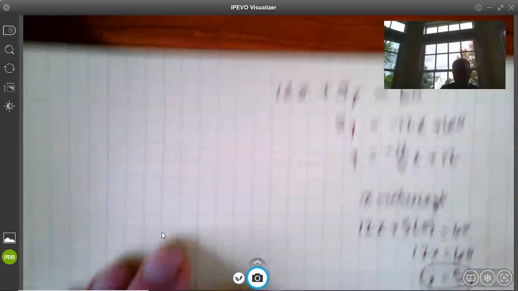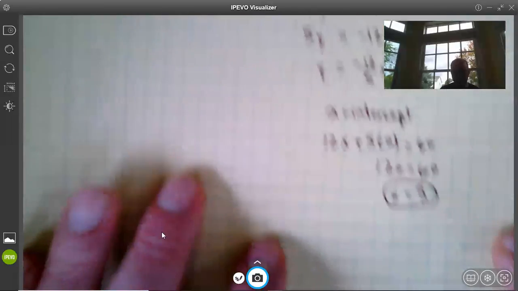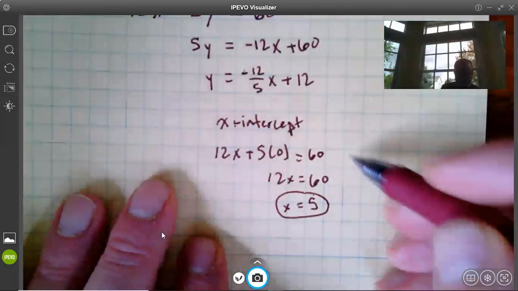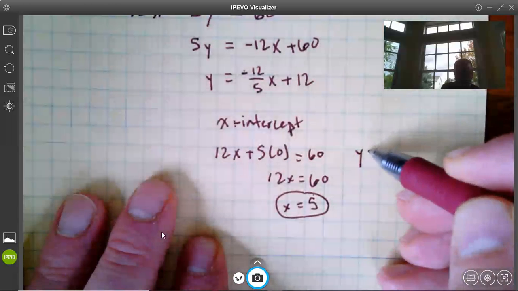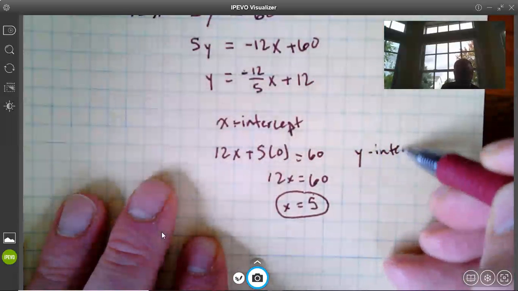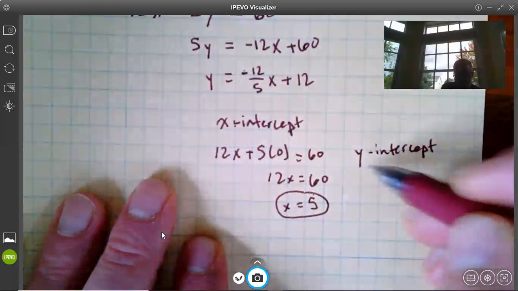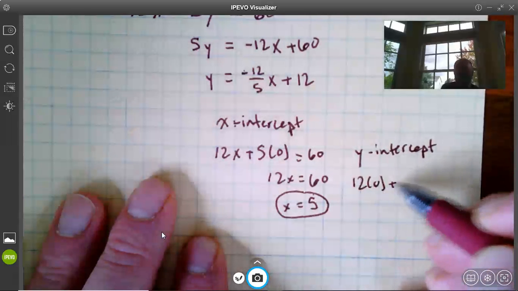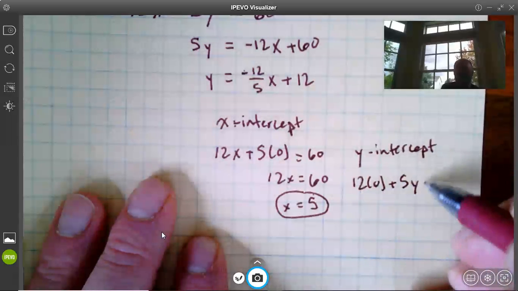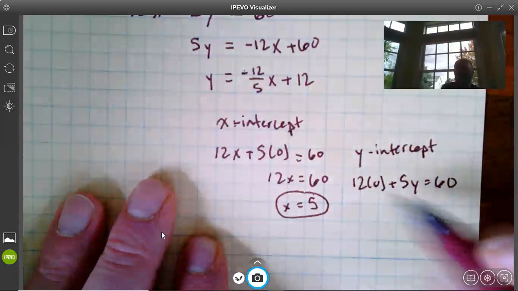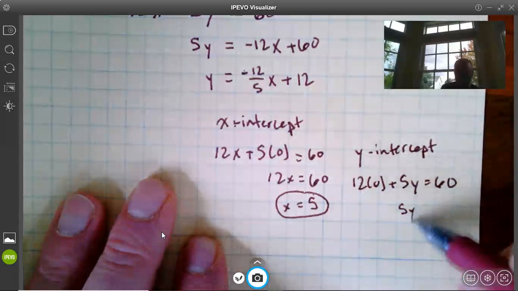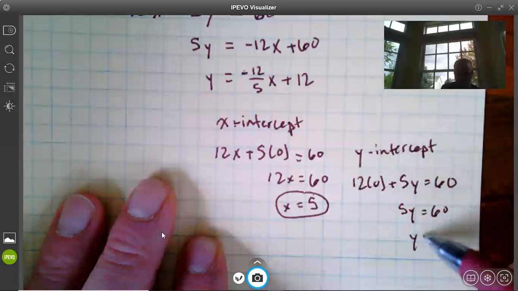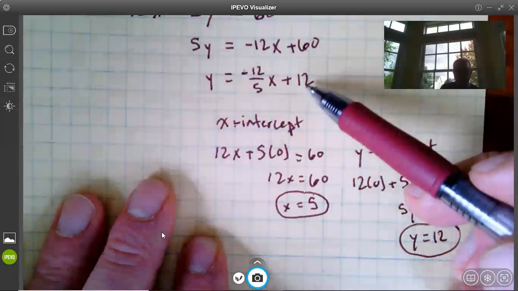To find the y-intercept, go over here. We just replace the x with 0, and so this term just goes away. 5y equals 60 and y equals 12, which we had from up here anyway.